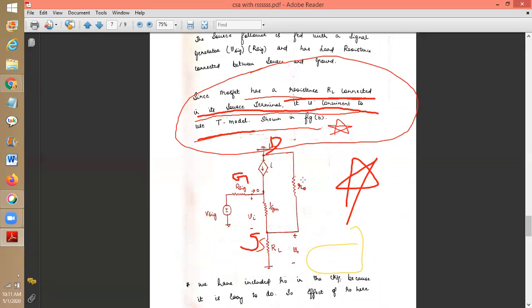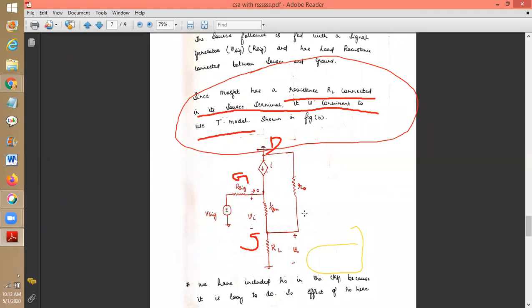This R0 is the resistance when the device undergoes channel length modulation. You students may ask why we have not considered this R0 in the previous circuitry. When we were analyzing the previous circuitry, we did not consider R0 because if I consider it there, the analysis is very, very tough.